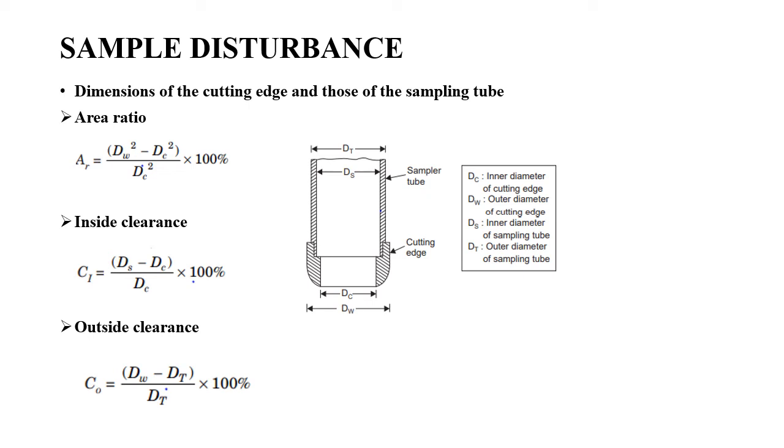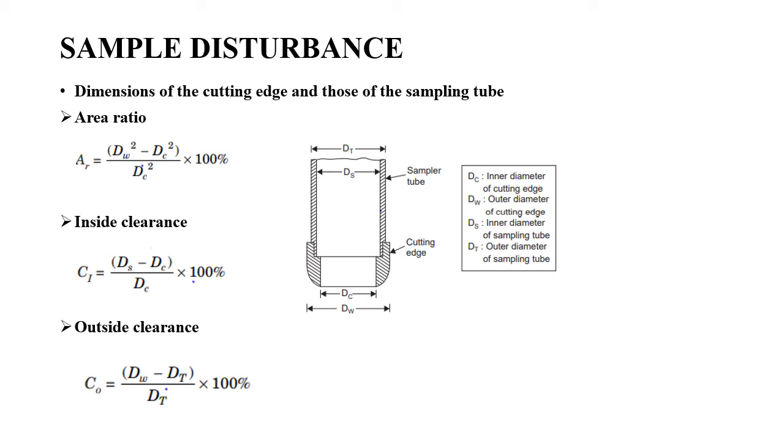Based on area ratio, if the area ratio is greater than 10%, the samplers are called thick walled samplers, and when you use thick walled samplers, some disturbance will definitely be caused to the soil sample. But when a sampler with an area ratio less than 10% is used, the degree of disturbance caused to the sample will be very low.